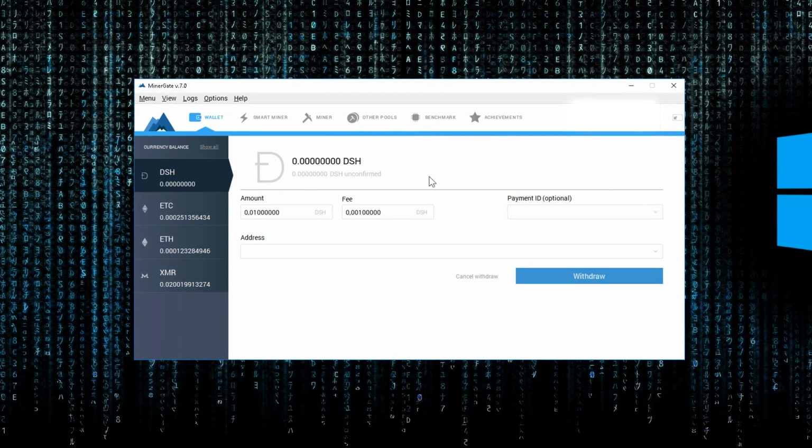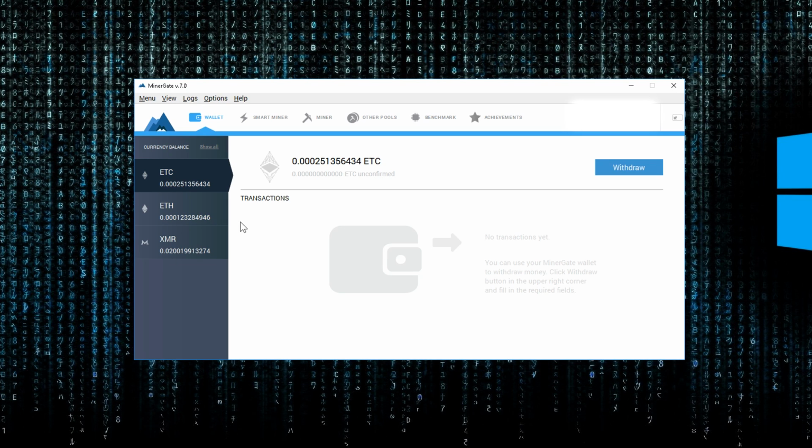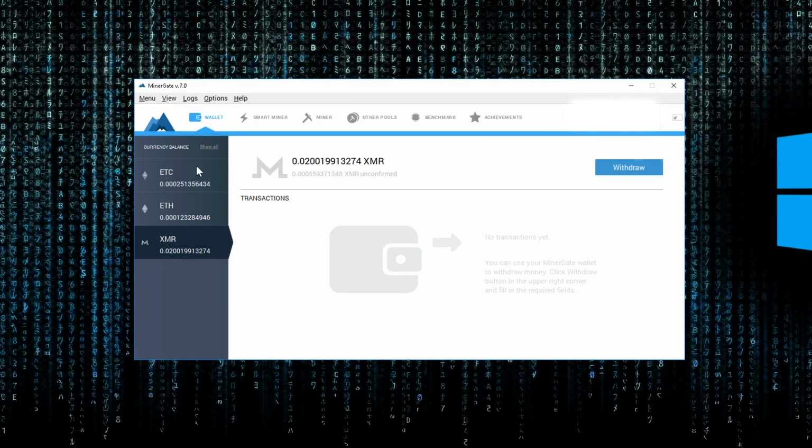So if I wanna send some, this coin is actually not a good example because I think Dash is a little bit of a dead coin. But for instance, if I want to send some Ethereum or some Monero, oh yeah, very important to explain as well, almost forgot about that.